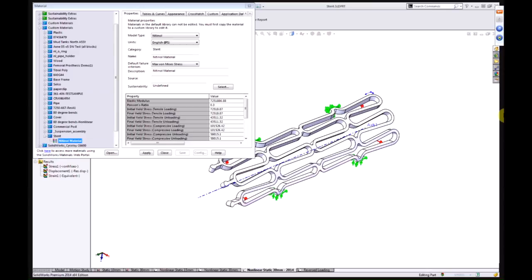There's a reference in the SOLIDWORKS help file here, which is basically showing some typical loading and unloading curves for a particular grade of nitinol.